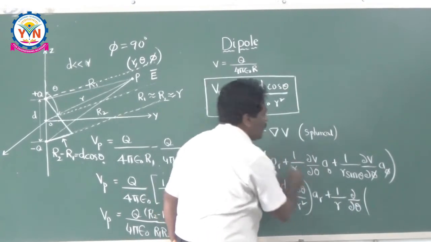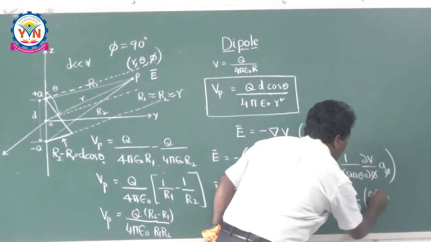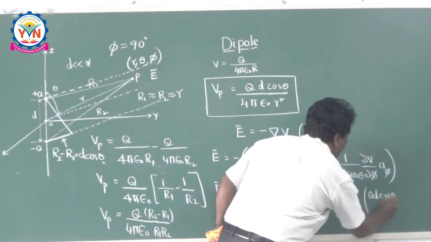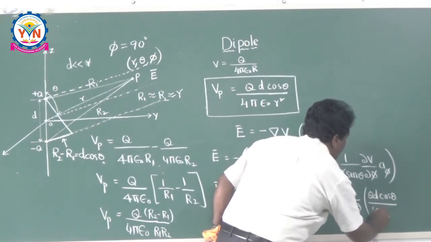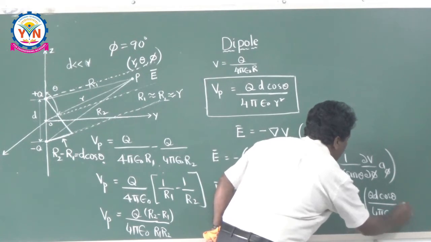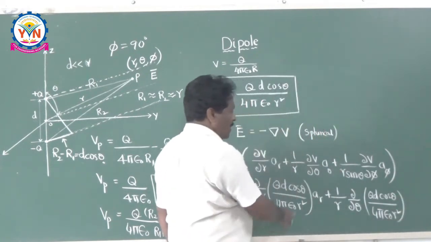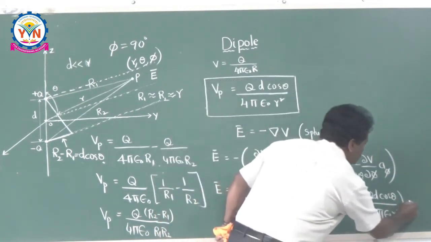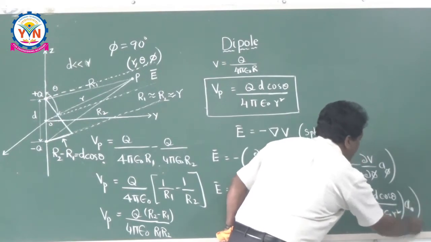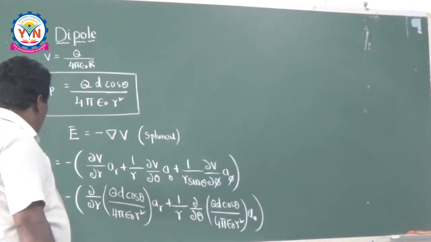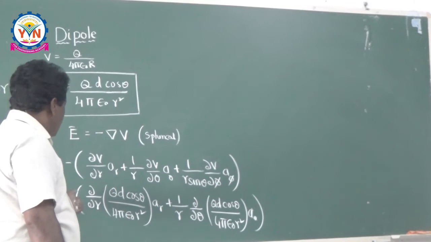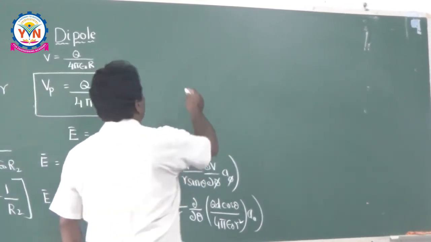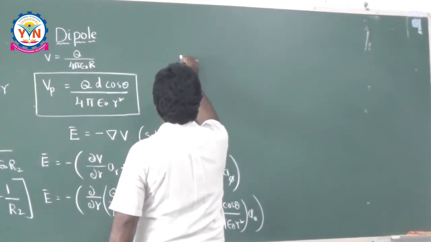V is QD cos theta by 4 pi epsilon naught into R square. This is into A theta. The third term is absent. Now this electric field intensity can be simplified.